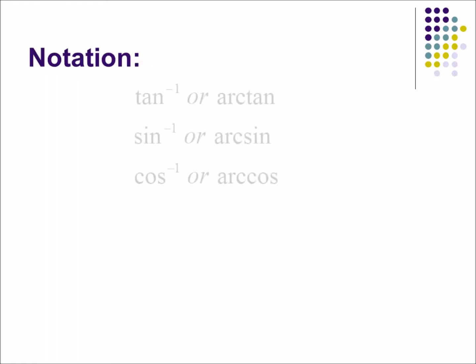Here's the notation that we use for it. For inverse tangent, we write that as tangent with a little -1 superscript, or sometimes older notation you'll see is the arc tangent. Likewise, for inverse sine and inverse cosine, we either use the -1 superscript or we use the arc sine, arc cosine notation.